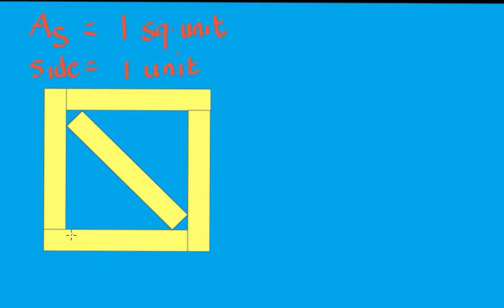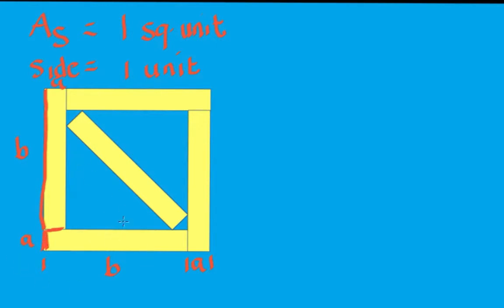Now, from the figure, let's represent this longer side as b, and the smaller side as a. That means this side is also b, and this width of the rectangle is a. This length of the rectangle is b, and this width is a, but that width is the same as this width, so this is also a.